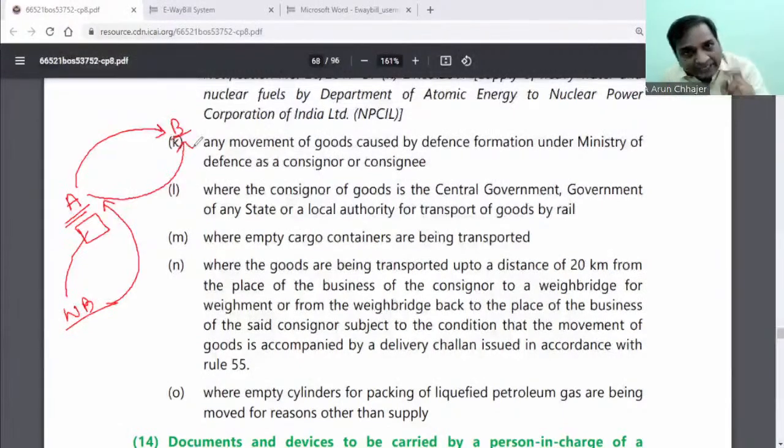Only for the weighment purpose, if goods are being moved and the distance is only 20 kilometers, it should be supported by the delivery challan.